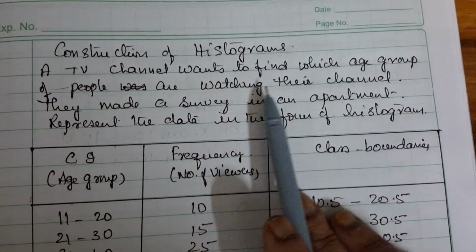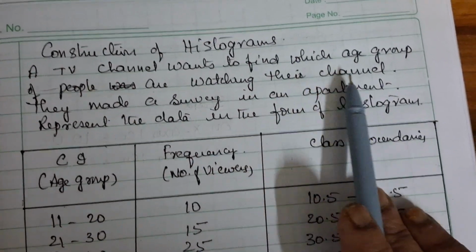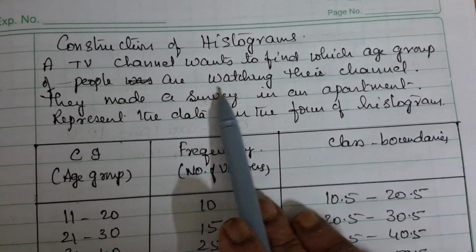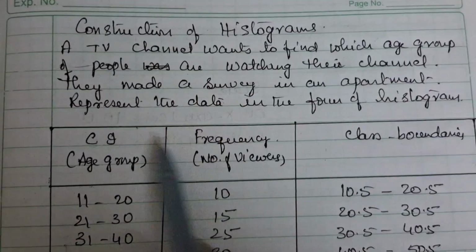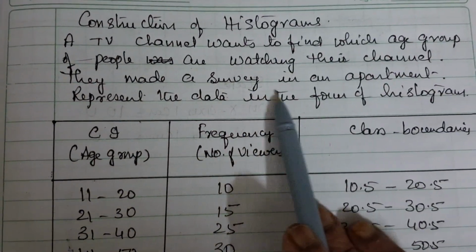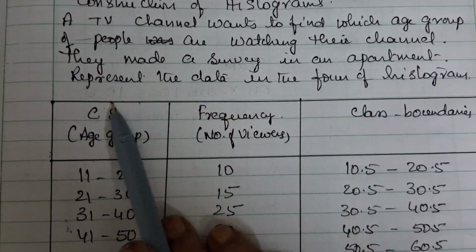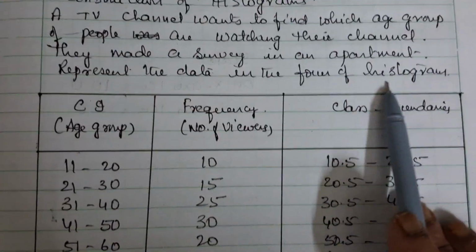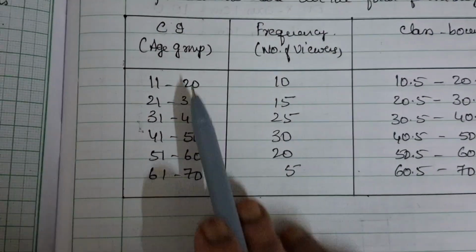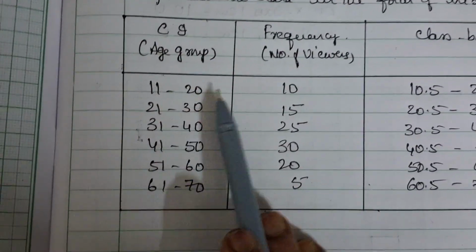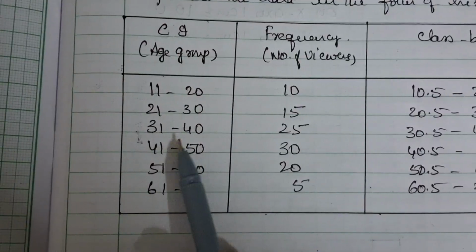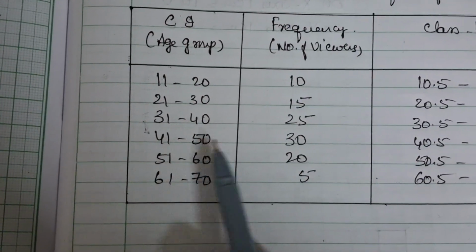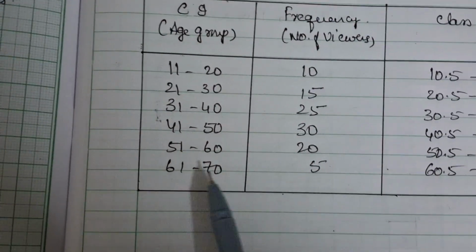A TV channel wants to find which age group of people are watching their channel. They made a survey in an apartment. Represent the data in the form of a histogram. See, the class intervals are age groups: 11 to 20, 21 to 30, 31 to 40, 41 to 50, 51 to 60, 61 to 70.